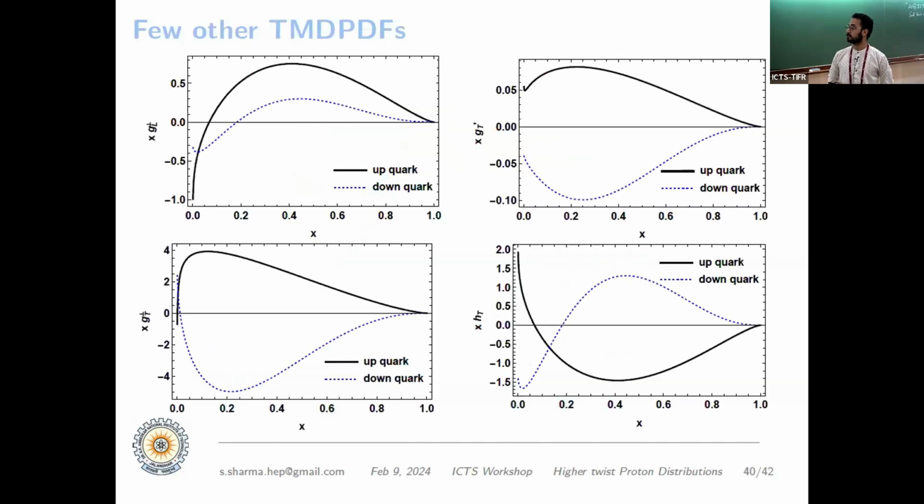At the end, we have given a few plots of TMD PDFs. Here we have GL perp, GT prime, GT perp, and ST. The longitudinally polarized TMDs show a kind of quark flavor symmetry, whereas the transversely polarized TMDs show anti-symmetric behavior. In most cases, we have more contribution, more magnitude, from the U quark rather than the D quark.